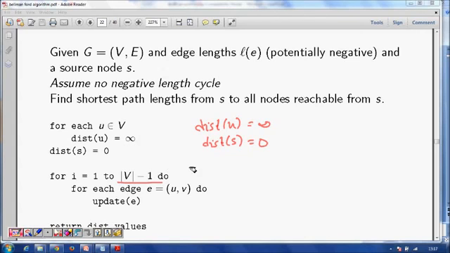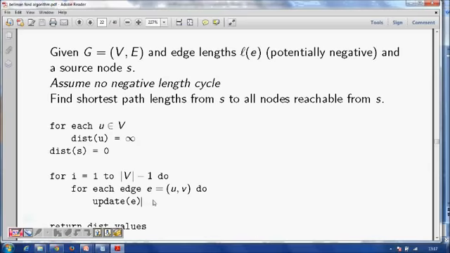Then for i equal to 1 to mod V minus 1, so the number of nodes, for all edges uv we update the edge. This is a simple algorithm, and then we return the distance values. So this is the algorithm.